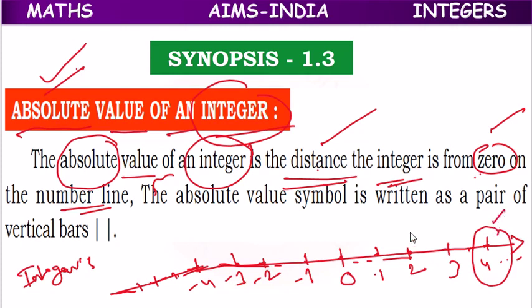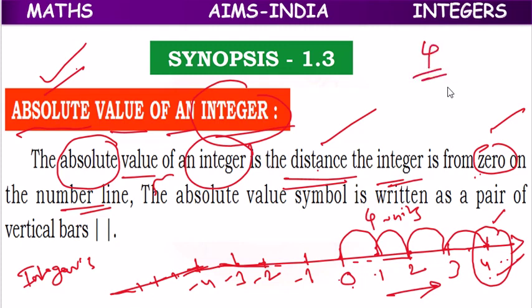How to calculate distance from 0? 1 unit, 2 units, 3 units, 4 units. The integer 4 is at a distance of 4 units from 0 towards the right side. So its absolute value is 4.